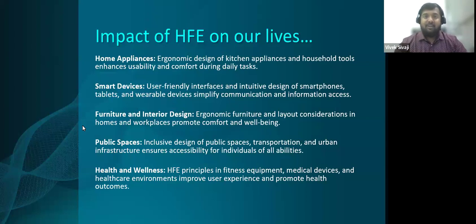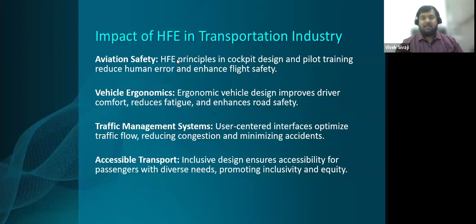Then furniture and interior design. Can you say that your house is not ergonomically designed? Nope. Public spaces that are present there. So much of ergonomics and human factor engineering actually goes into it. Even into general health and wellness, medical devices, healthcare environments, fitness equipment, all are impacted by human factor engineering, right?